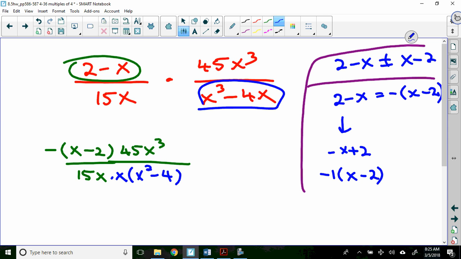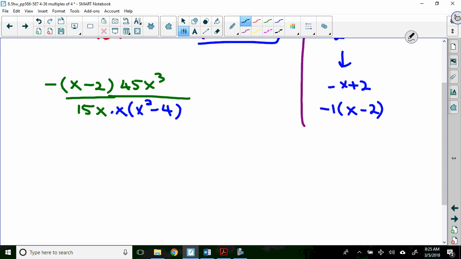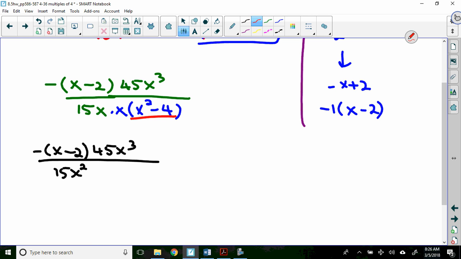So that's actually going to factor further because that's a difference of two squares. So I still got the negative. I still got the x minus 2. Still got the 45x cubed. The bottom is 15x squared. And this is a difference of two squares, so that's going to factor into x plus 2 and x minus 2.